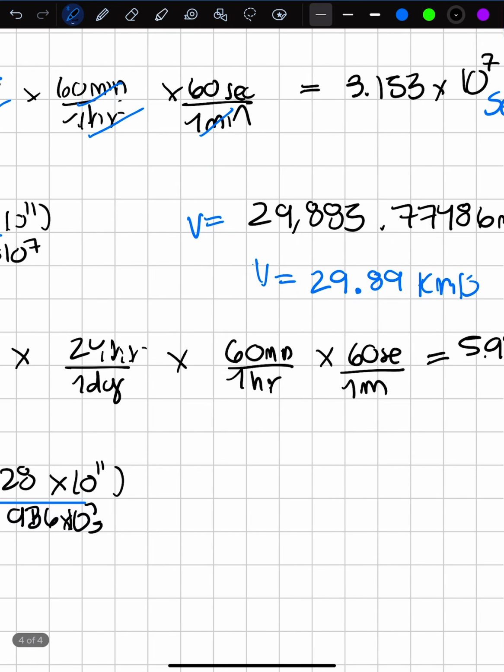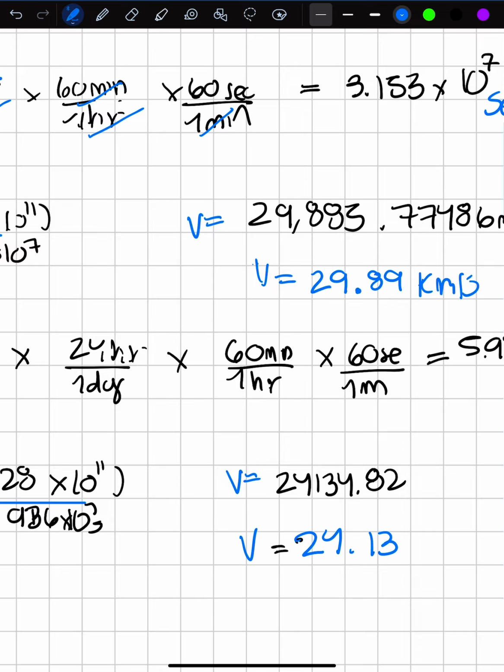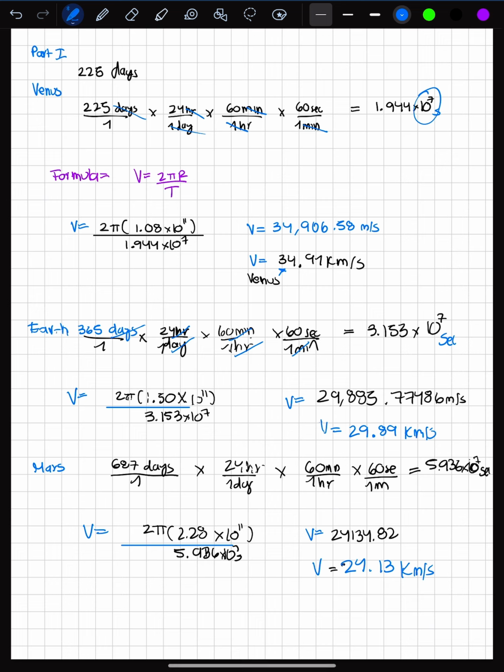And then our velocity is going to be meters per second, sorry. So we have to get that to kilometers per second. So let's go ahead and do that, where we only have to move a decimal, and then we get that our answer is going to be 24.13 kilometers per second.